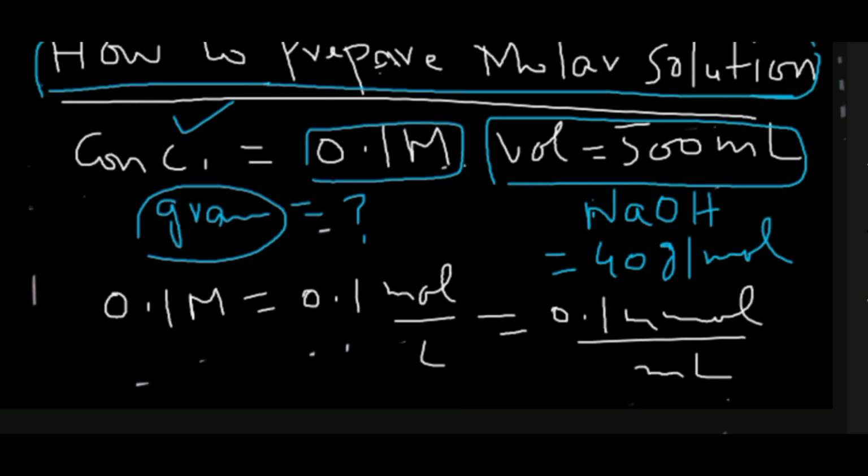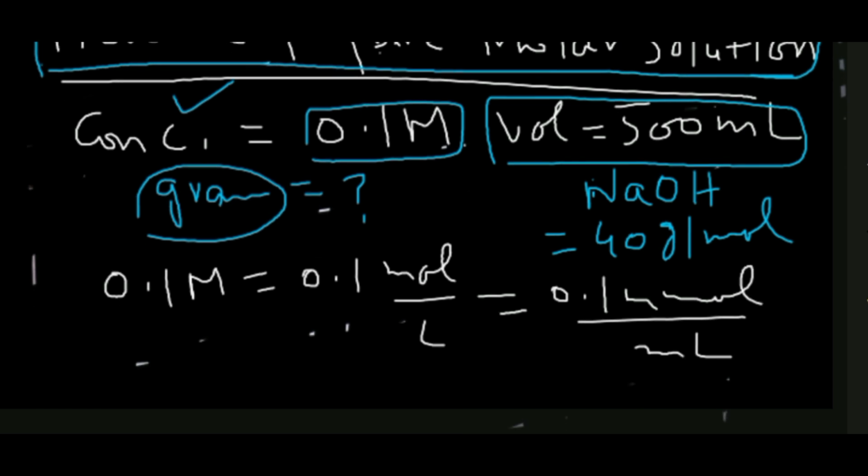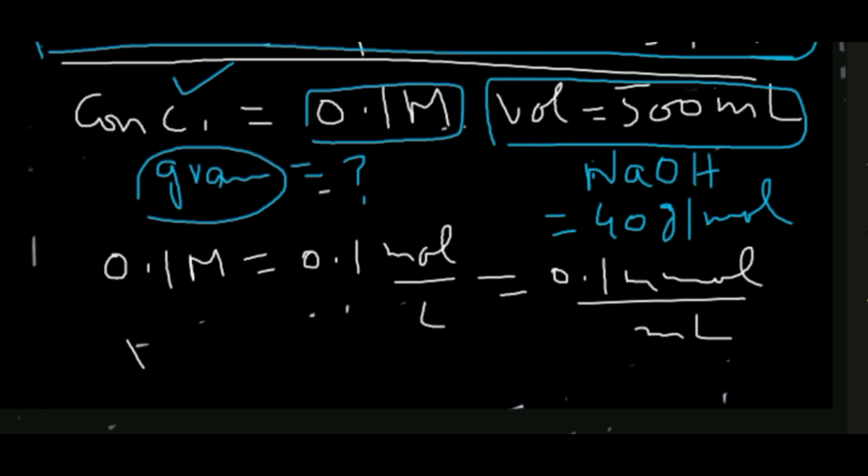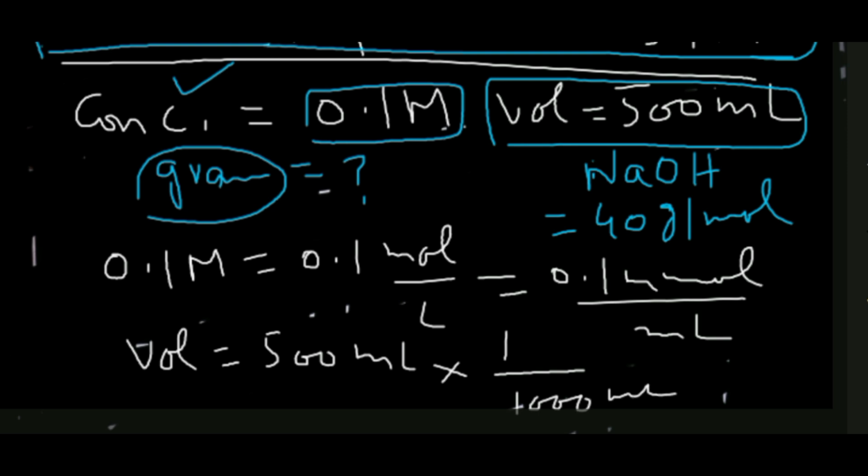Now the volume required is 500 ml. If we convert the 500 ml into liters, we know that 1 liter is equal to 1000 ml, so ml and ml cancel, and we get 0.5 liter. So 500 ml is equal to 0.5 liter.